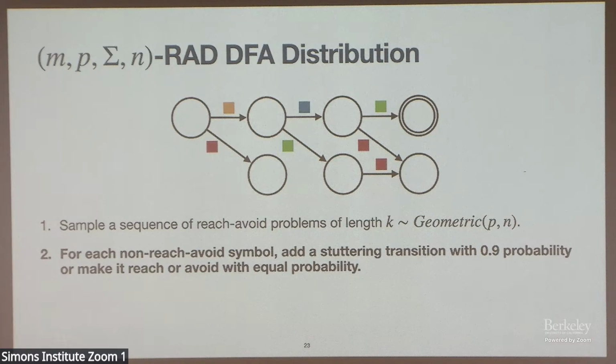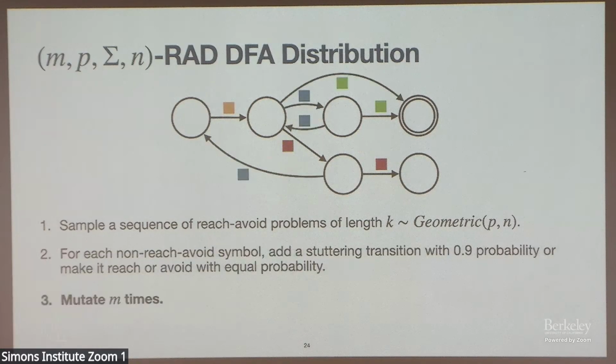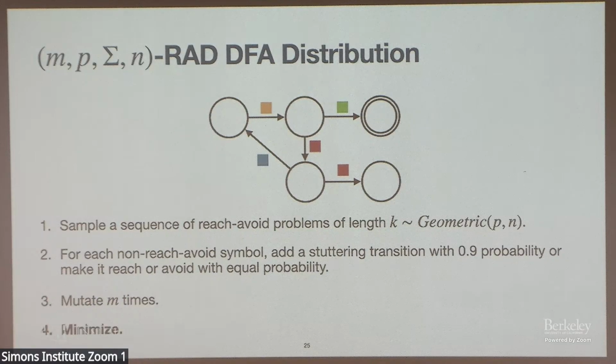So we are just trying to mess with the structure of this DFA, just add some random connections, and then just mutate them n times, get your transition matrix, randomly toggle some of the entries, and then minimize. And of course, while doing that, make sure that at the end, you still get a planned DFA.